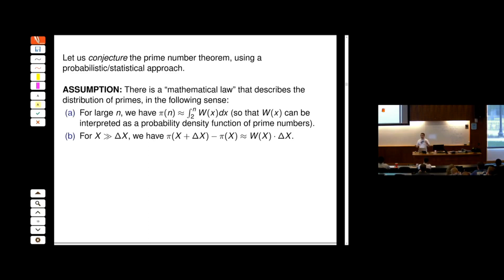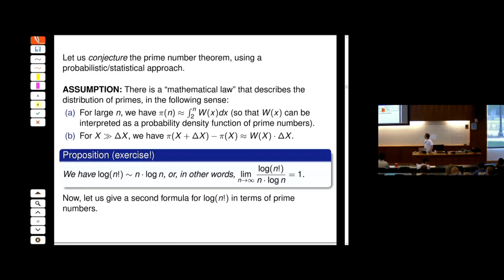And then all I want is to try to conjecture what w(x) would be. I'm not trying to prove anything right now, although much of what I'm going to say can be formalized and get pretty close to the prime number theorem. I'm really interested in finding out, if there was such a law, what would the law be? And then maybe I'll try to prove it later on, okay?